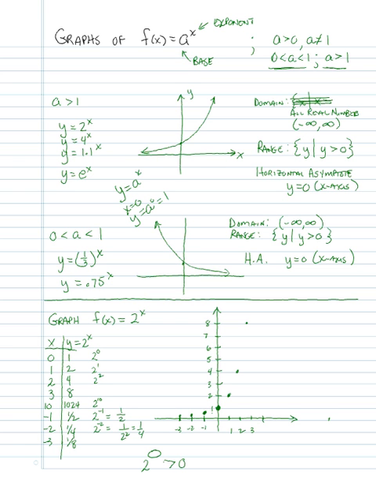So 2 to a power can't be 0. 2 to a positive power is just a big positive number. 2 to the 0 power is just a 1. 2 to a negative power is just a positive fraction. So 2 to any power will always be positive and never 0. So as we graph this, then you can see what I was saying before, the way this graph looks.